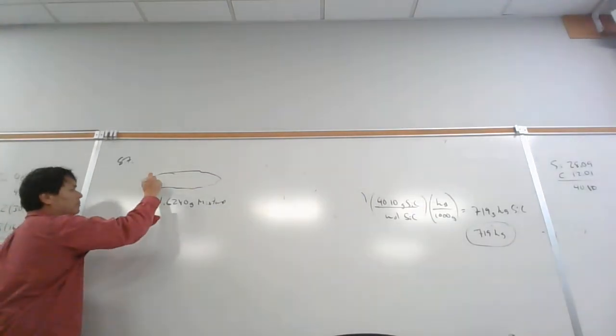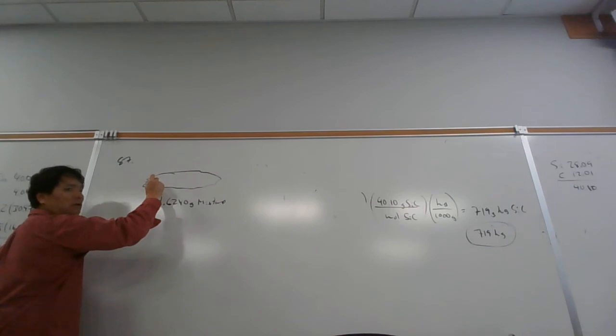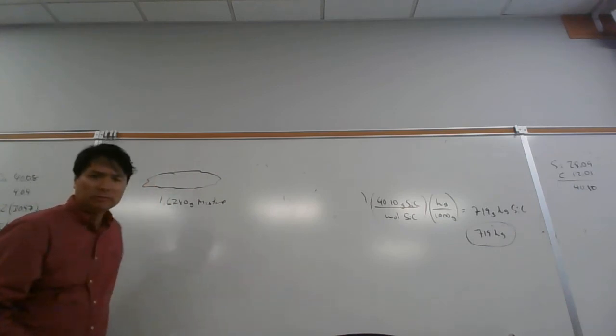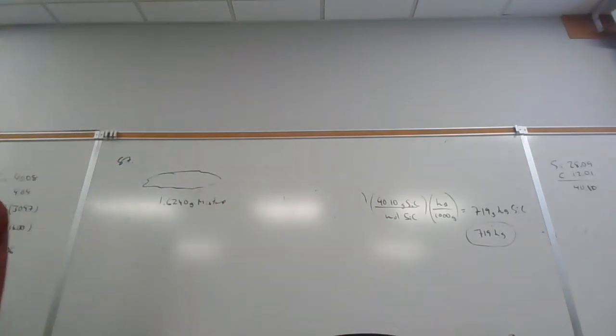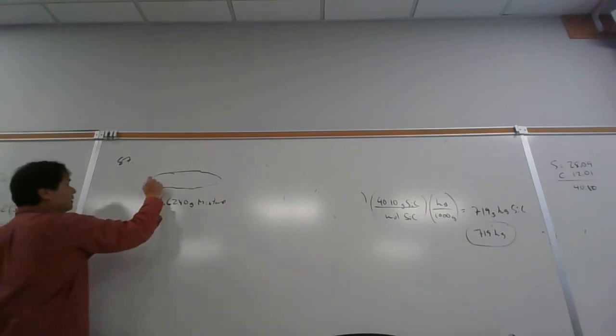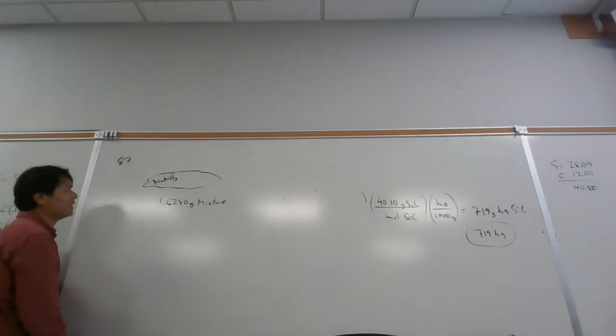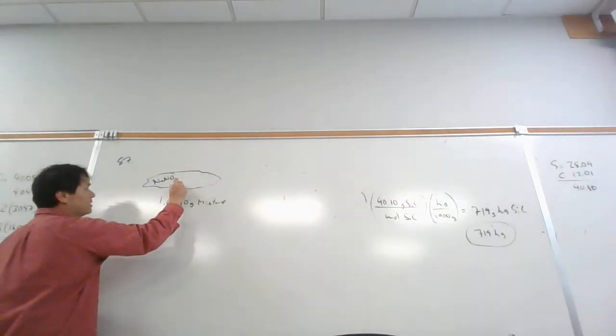What's the formula for sodium nitrate? NaNO3. And sodium chloride. What's the formula for sodium chloride? NaCl.